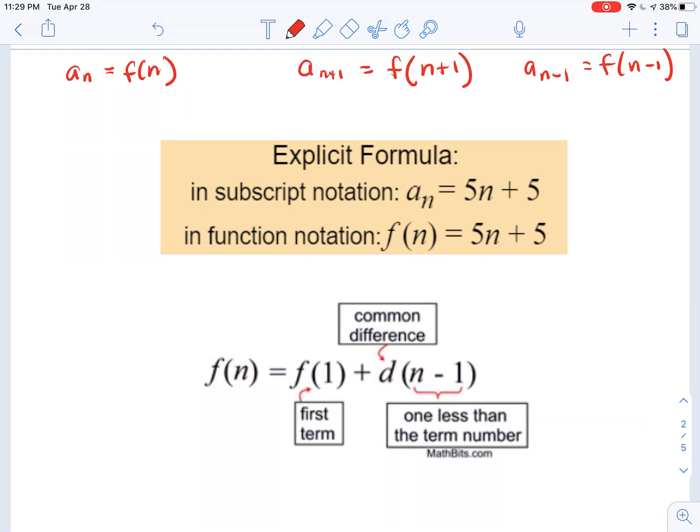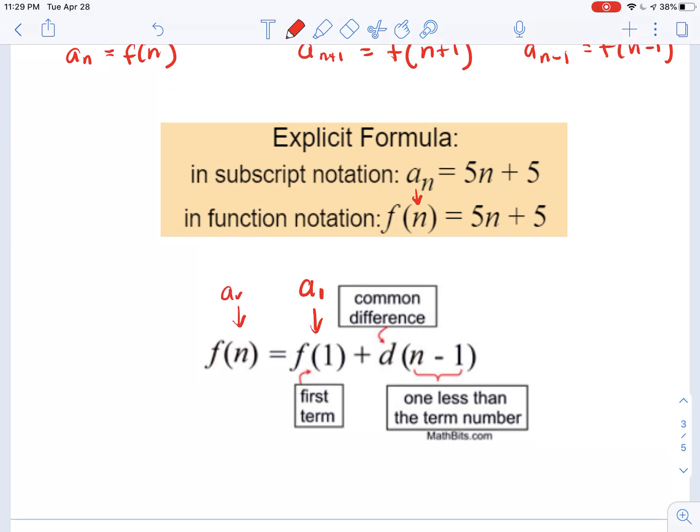Okay, so explicit formula. In subscript notation, which is what we've been working with, we would write a sub n is equal to 5n plus 5. In function notation, again, we are just switching this. So what else changes in the equation that we look at? Well, if that is written in function notation, so does my initial term, right? Typically, we would write a sub 1. Well, if we're writing it in function notation, that is f of 1.